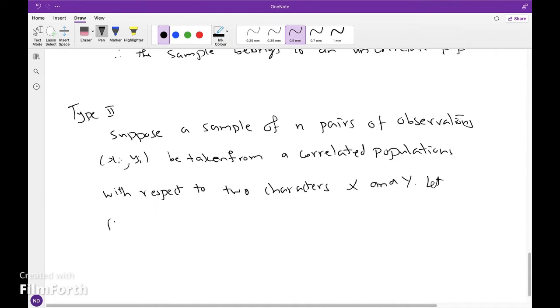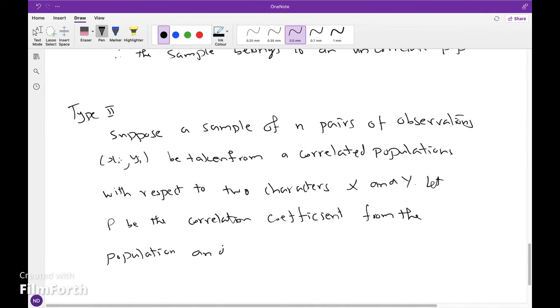Let rho be the correlation coefficient from the population and r be the sample correlation coefficient.